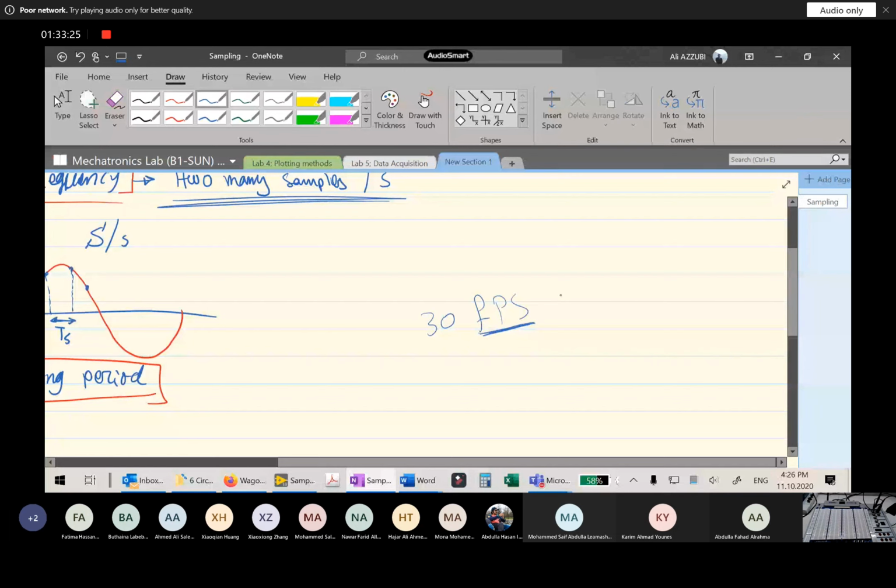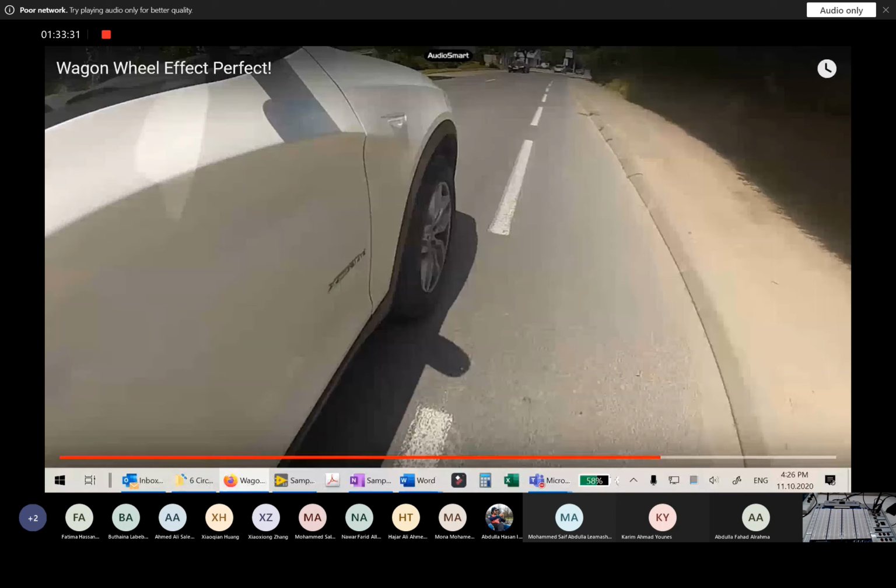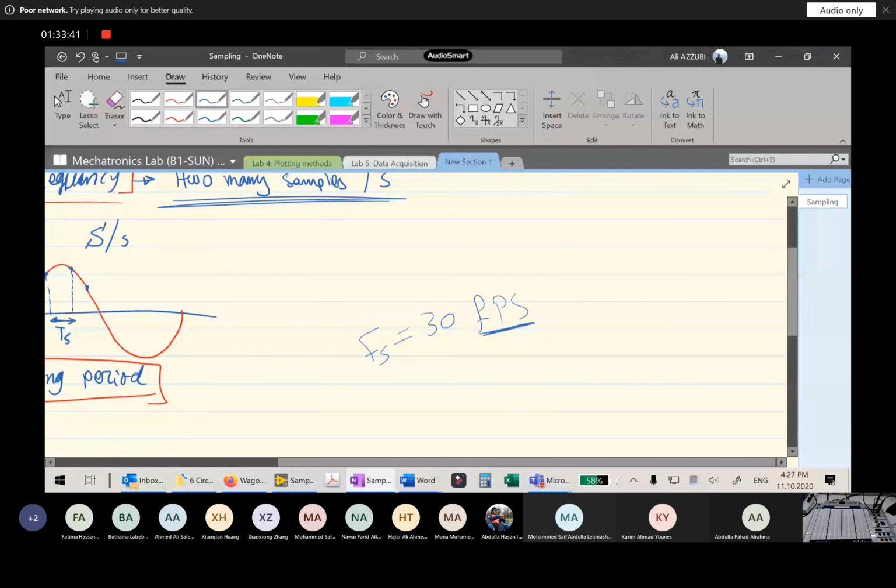Now, if the wheel is moving at multiples of this frequency, it will look like it is fixed. Why? Simply because the wheel is moving like this. Each time you take an image, you capture it here. The next time it will move, and the next image will capture it here. Then it will move, and the next image will be here.